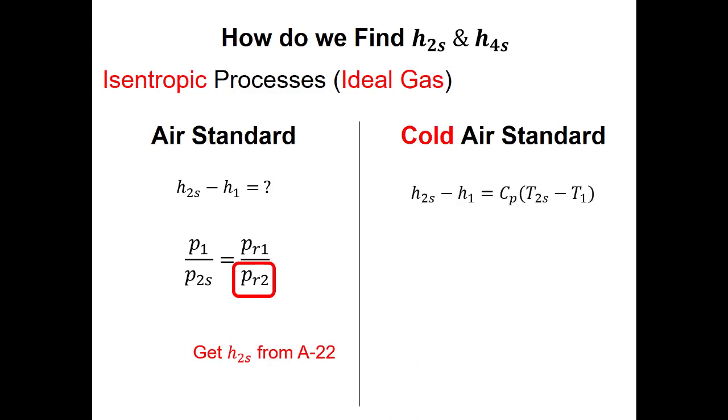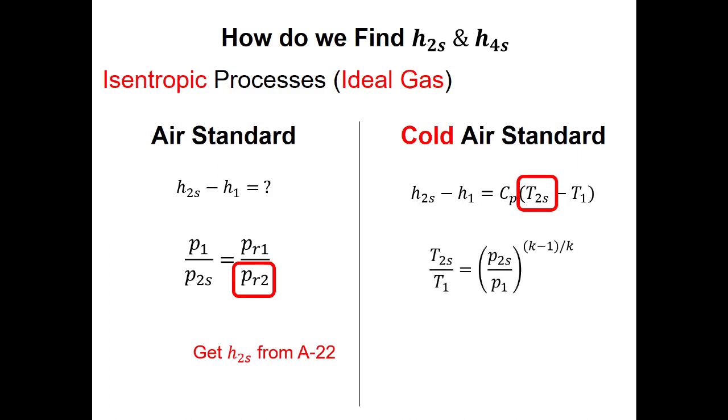If we're using a constant specific heat analysis, then we'll never find the individual specific enthalpies. Instead, we'll make the assumption that delta H is approximately equal to the specific heat at constant pressure, or CP, times T2S minus T1, or some other delta T. How do we find the temperature at the exit of the isentropic compressor or turbine?